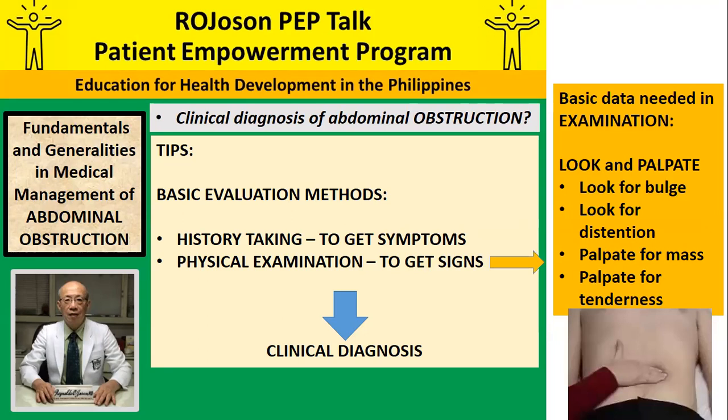In the examination naman, the basic data needed will be look and palpate. Look for the bulge, look for distension, palpate for a mass, palpate for tenderness or pain. So these are the basic data needed to evaluate a patient with an abdominal problem.